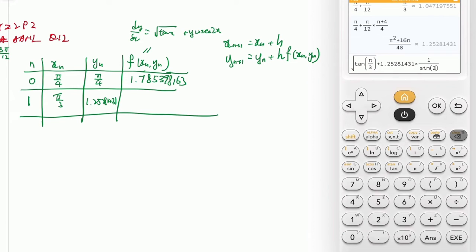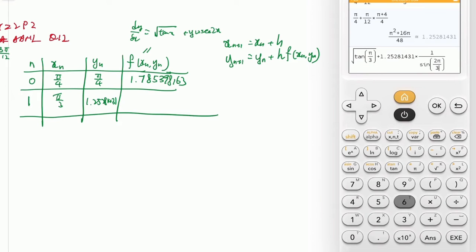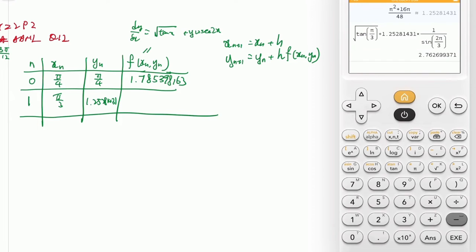I'm not the best at programming, but search YouTube for the Euler method on the model of your GDC, because it really depends on which GDC you have. That's why I'm not showing how you do it on mine. It wouldn't mean much for you, especially since no one uses this GDC in real life. This is just an iPad calculator.